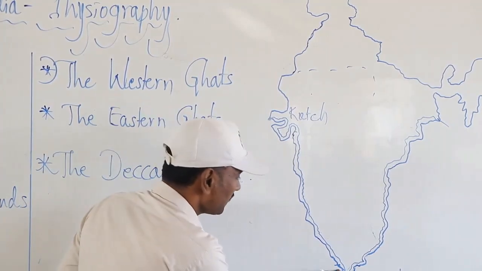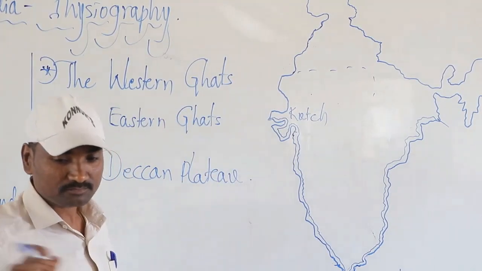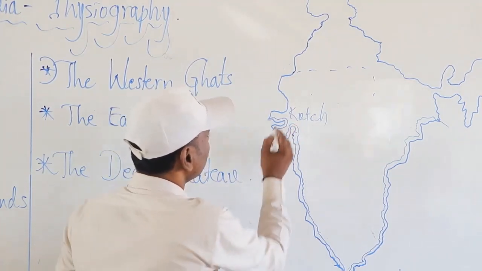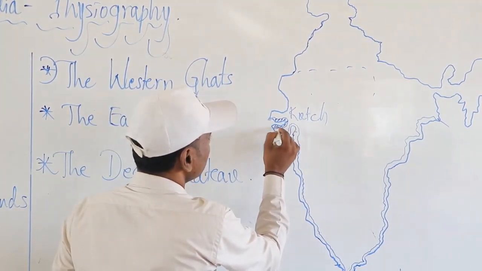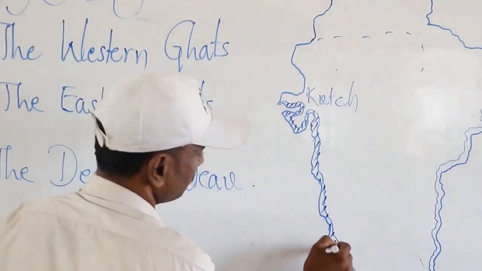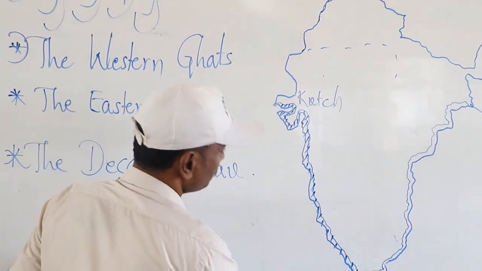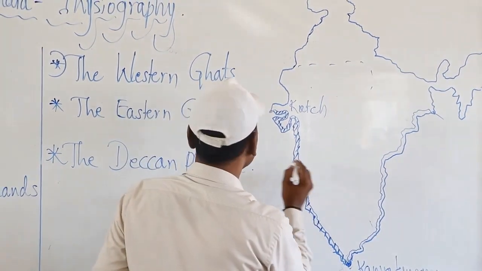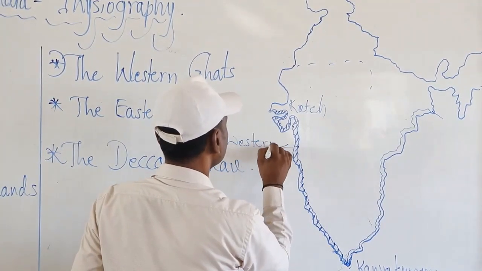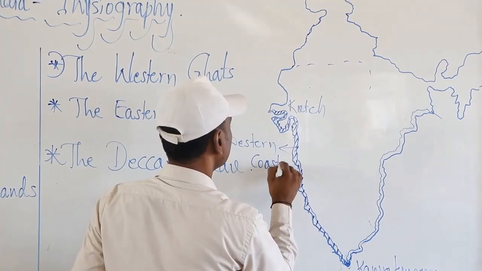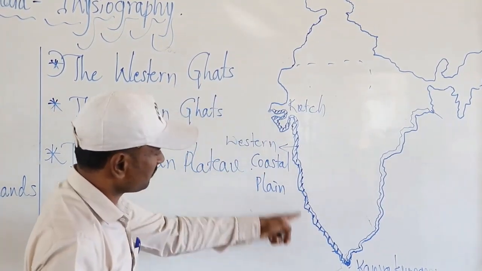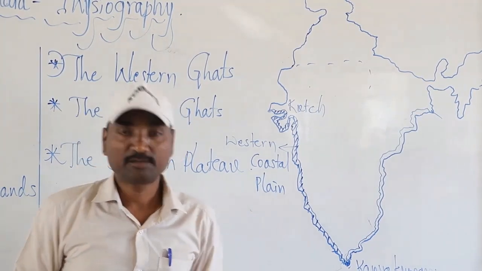This western coastal area extends from the Rann of Kutch up to Kanyakumari. This part is the western coastal plain.